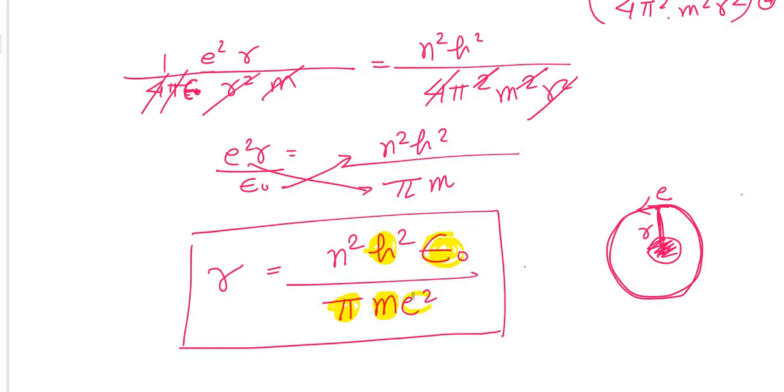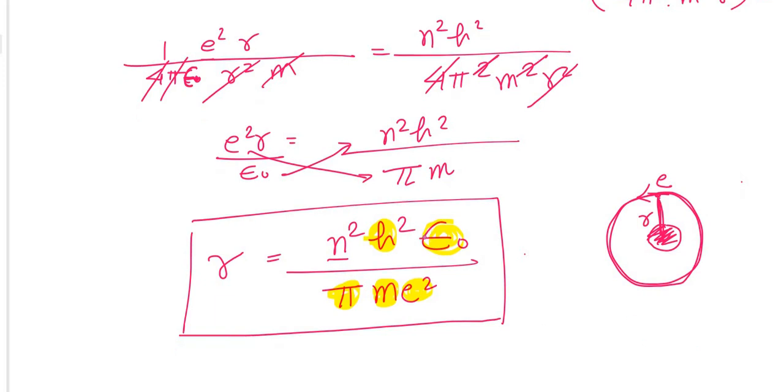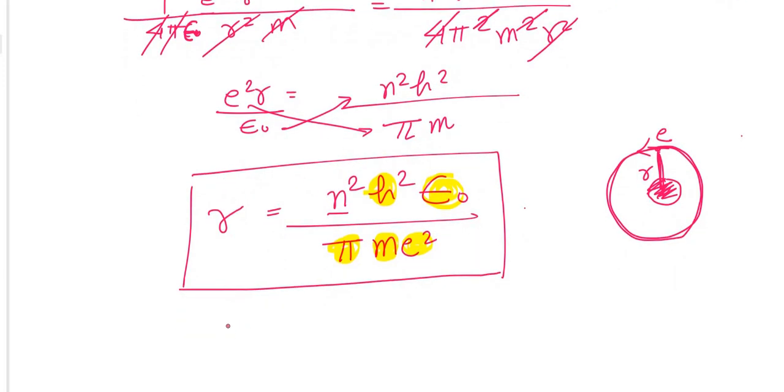And here is the electronic charge e, which is also constant. Only n is a variable. It may be shell number 1, shell number 2, or shell number 3. So everything else is constant. So can I conclude that r, the radius of a shell, is proportional to n square? It means as the shell number increases, the radius increases as n square.